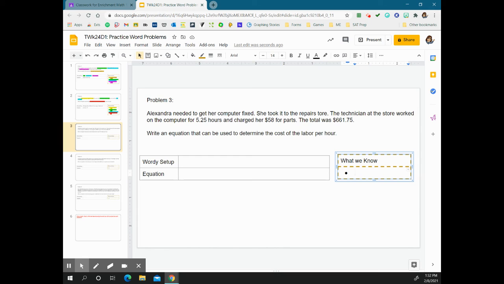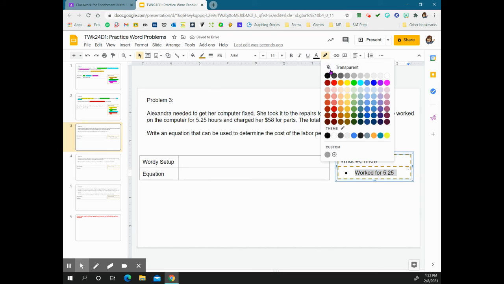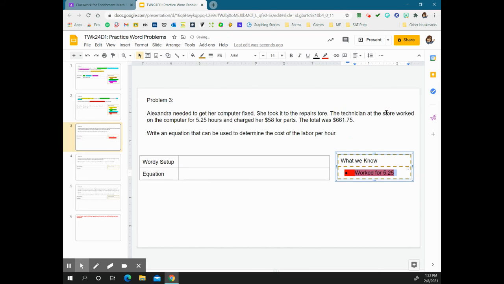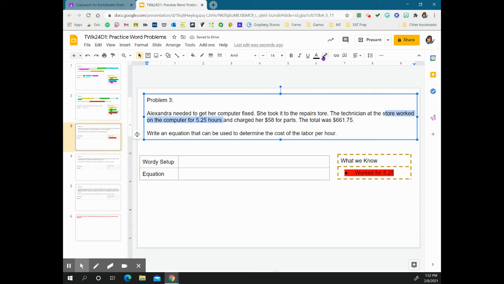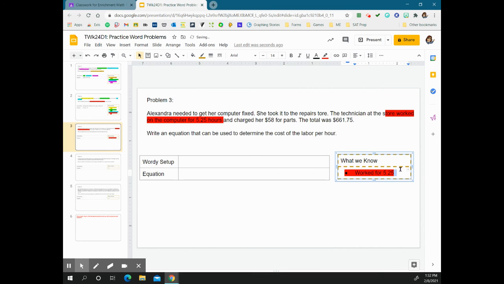Well, we know that he worked on the computer. All right, let's make that shorter. Worked for 5.25 hours on the computer, right? We get this information from this phrase here. We just abbreviated it, made it a little shorter, a little bit easier to read.